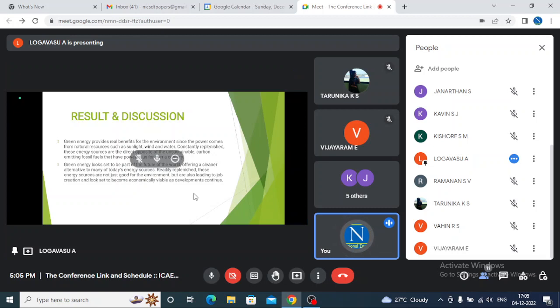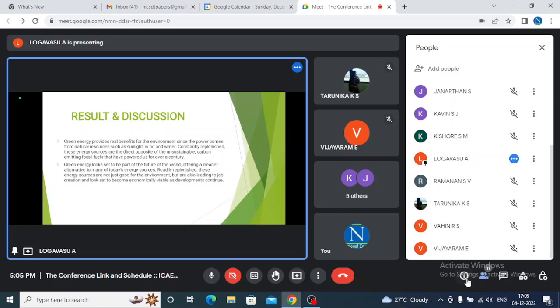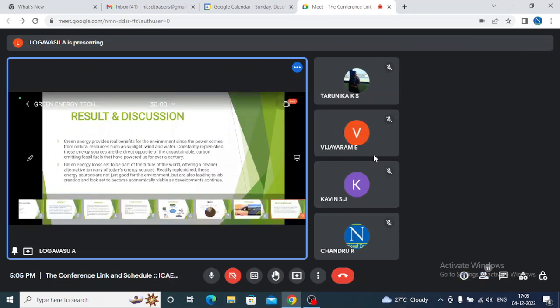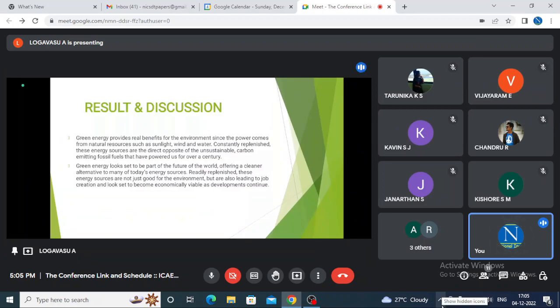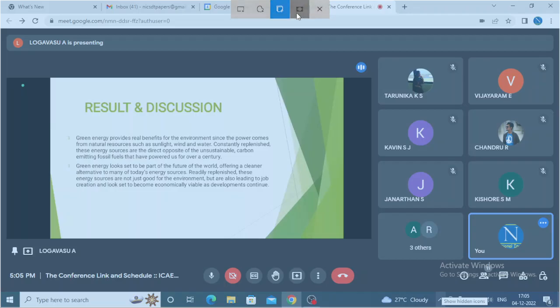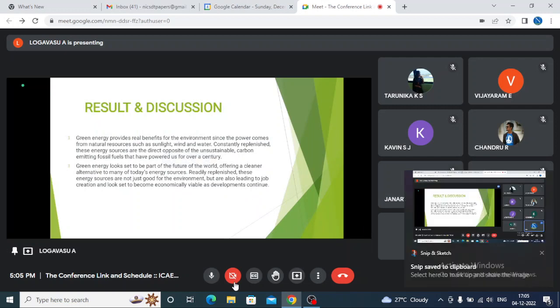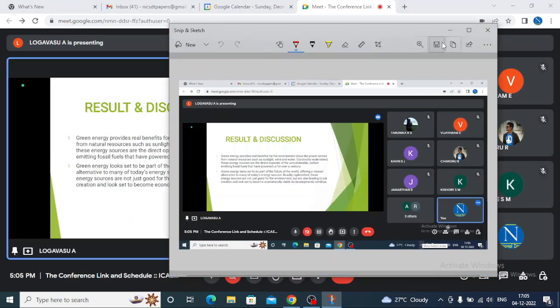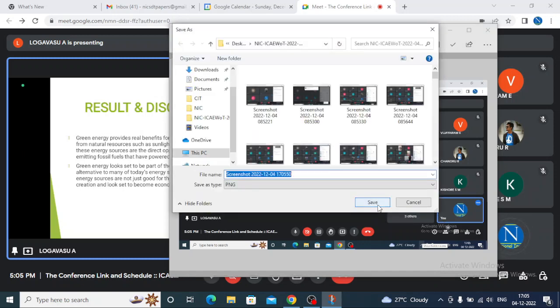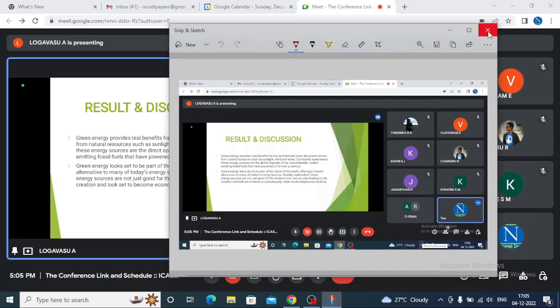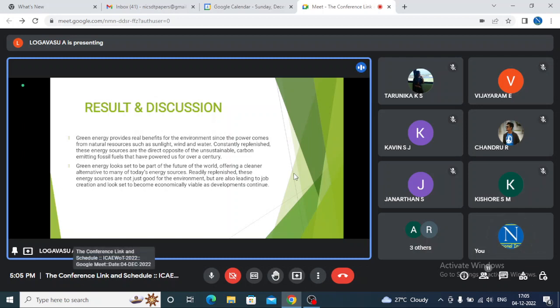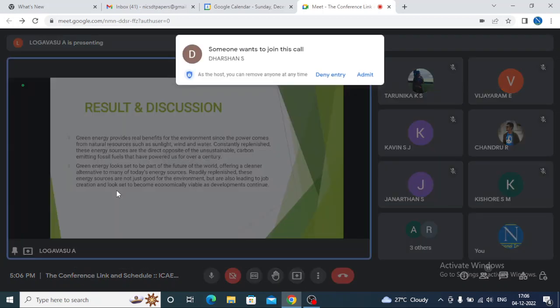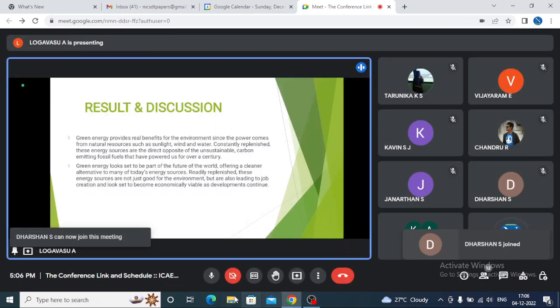Green energy provides an alternative to fossil fuel, with less harmful effects on the environment. These energy sources support a good environment. In this topic we have seen about the green energy resources.